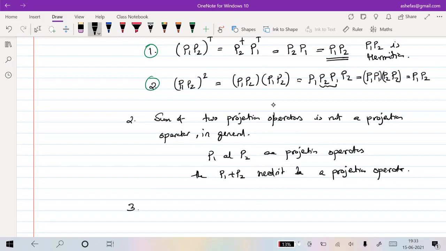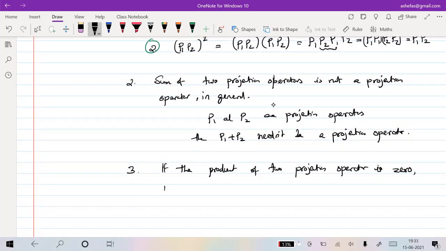A third property. If the product of two projection operators is 0, then they are said to be orthogonal.